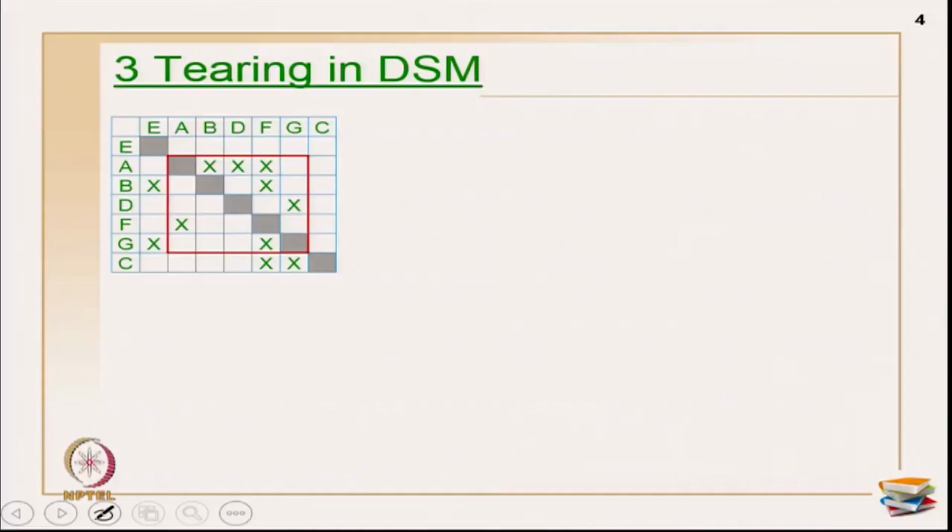This is one example wherein I have one start activity, activity E, and one activity at the end, activity C, and in between I have a complete block.